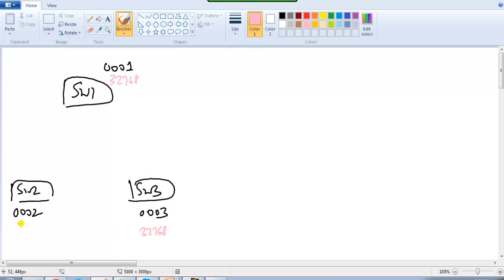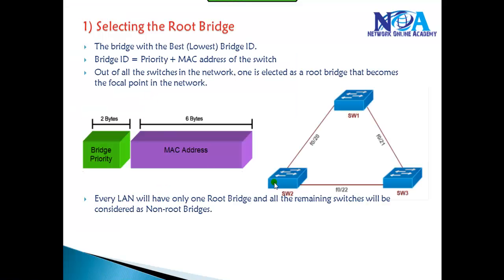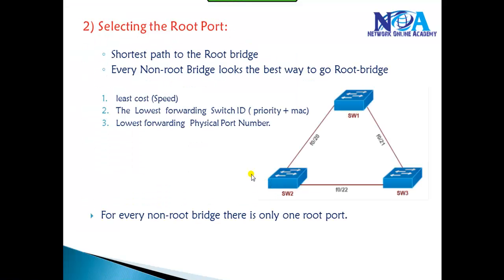We can also change the priority value, which I'll discuss later, but just go with the default for now. Then we have some connections between the switches, and I'm assuming ports 20, 21 and 22, the same ports on both sides, though they can be different port numbers as well. Based on this, this is the root bridge. That's what we decided to go with.